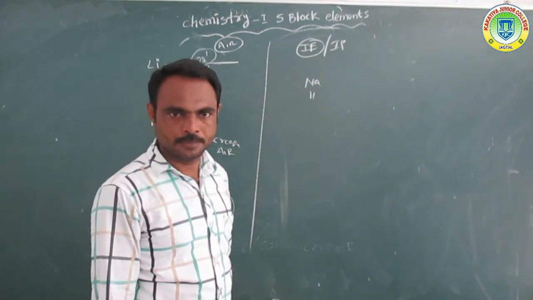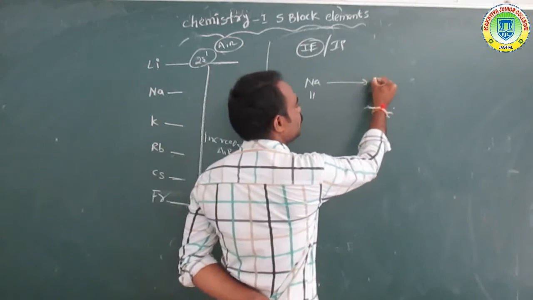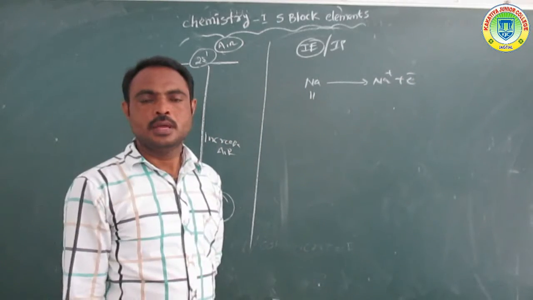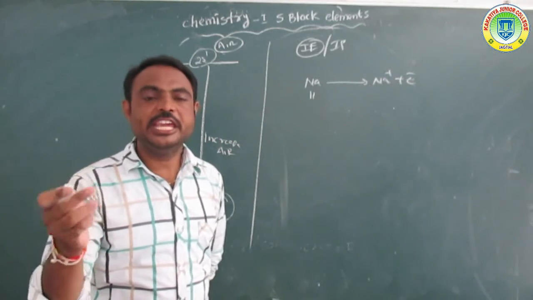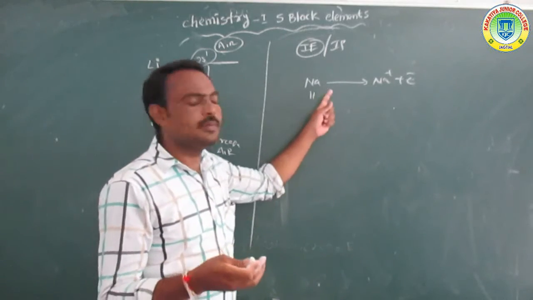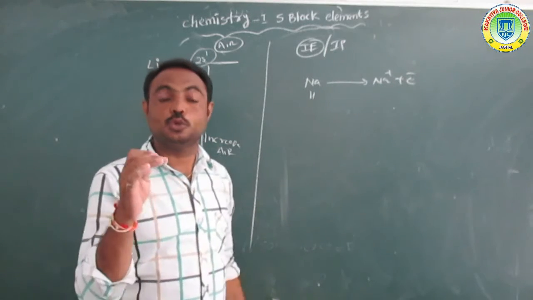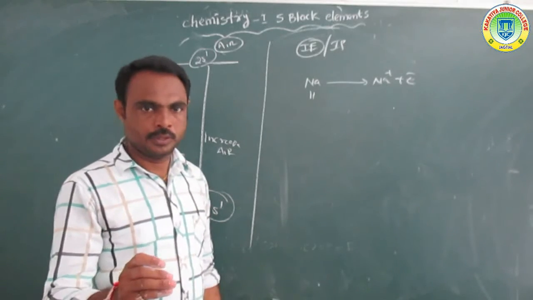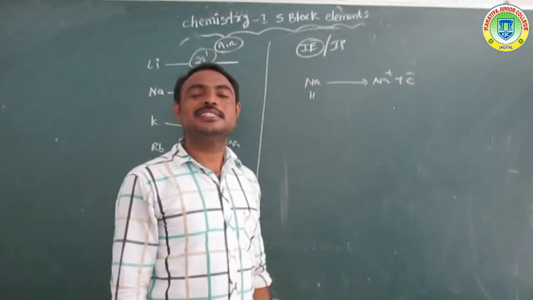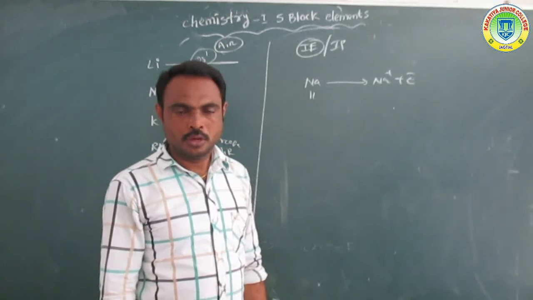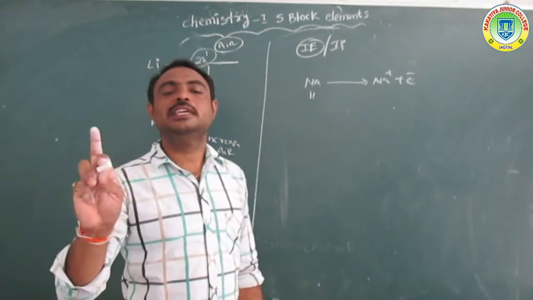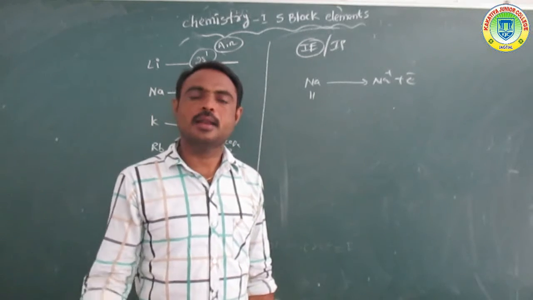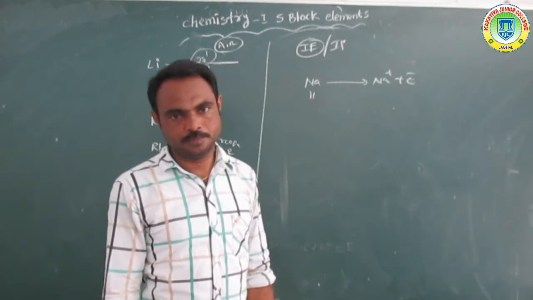We already know that. So it is converted to Na plus and one electron. The minimum energy is required to remove the electron from the gaseous state of the atom, the outermost electron of the gaseous state of the atom. That minimum energy is called ionization enthalpy or ionization potential.